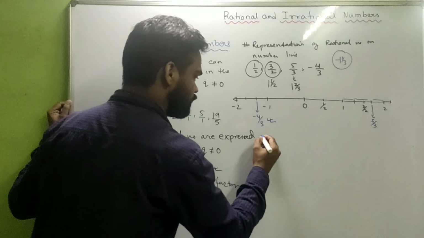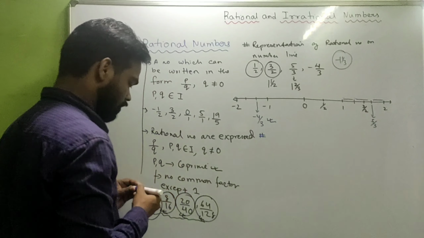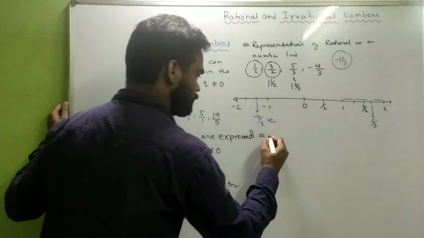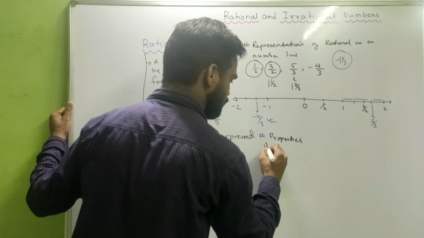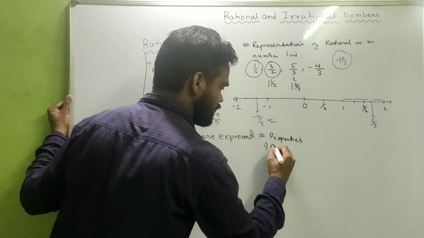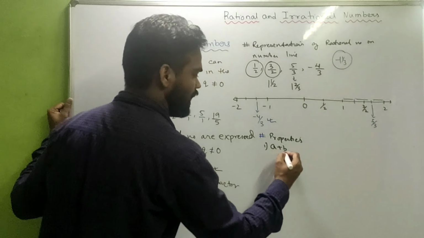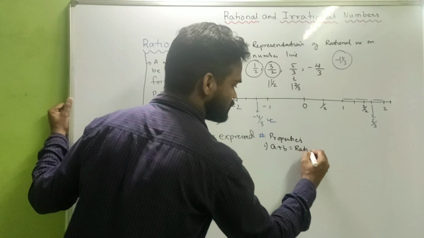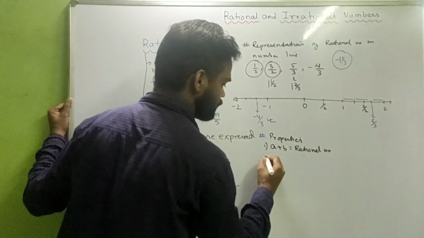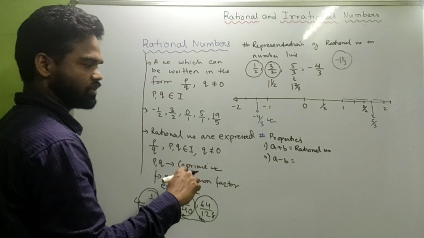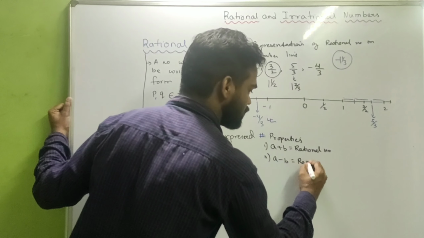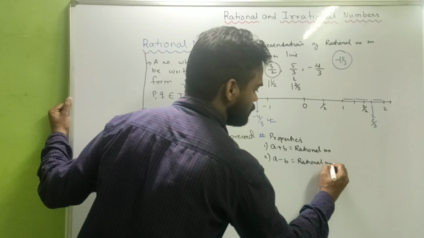Now let us see a few properties of rational numbers. The first one: if a is a rational number and b is a rational number, when you add them, you get a rational number, isn't it? Similarly, a minus b, again, if a and b are rational numbers, you'll still get a rational number.